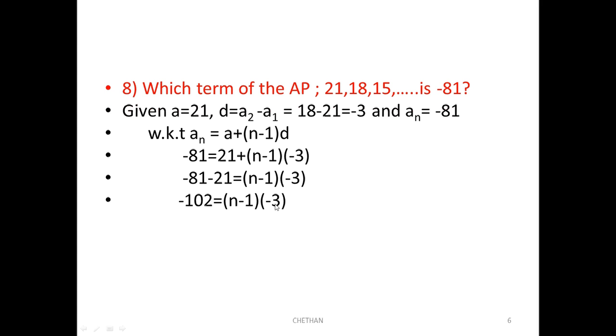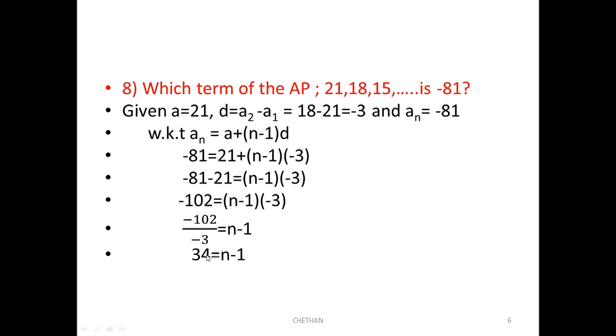We take this minus 3 to this side. Since n minus 1 is multiplied by minus 3, it becomes the denominator here. So minus 102 divided by minus 3 is equal to n minus 1. Here minus and minus get cancelled. If 102 is divided by 3 we get 34, because 3 threes are 9, 1 carry, it becomes 12, so 3 fours are 12.